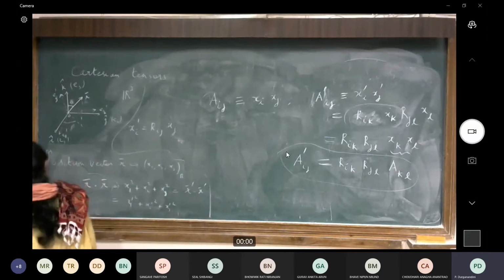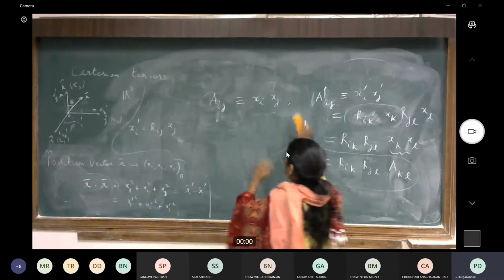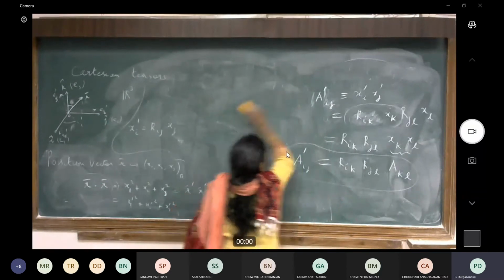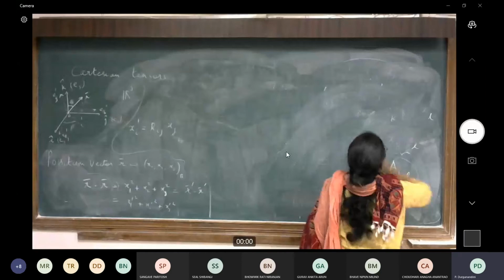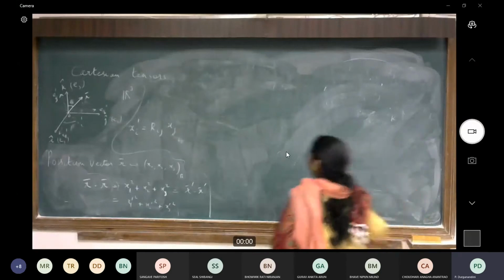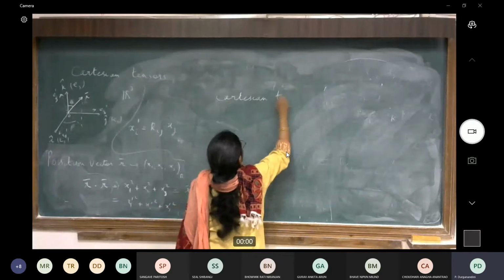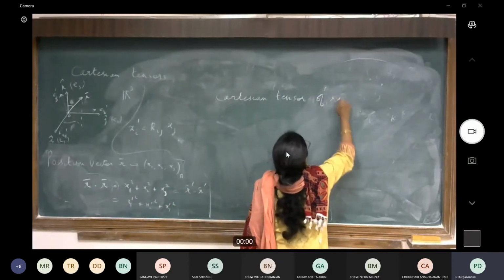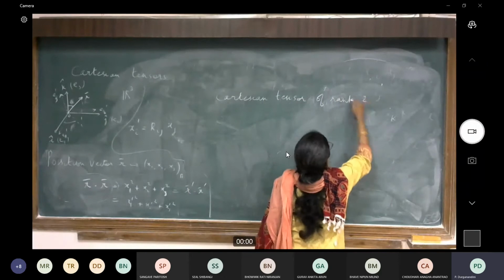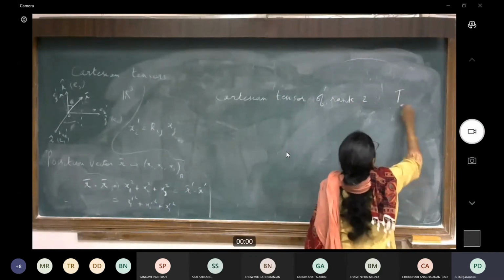Or more generally, let me give you a definition now. Before I gave the definition, I gave you a demonstration of an example, but now I'm going to say that we can define a Cartesian tensor of rank 2, or order 2, as something which has two indices.